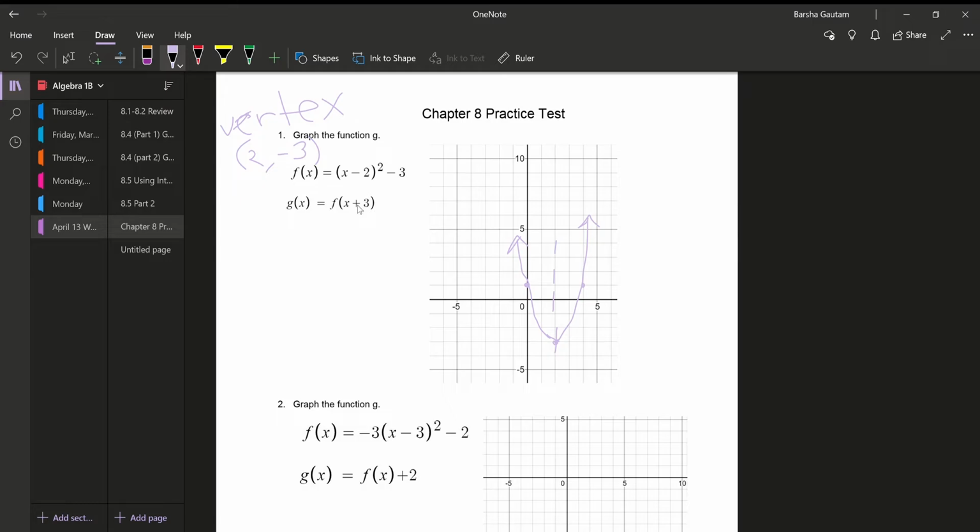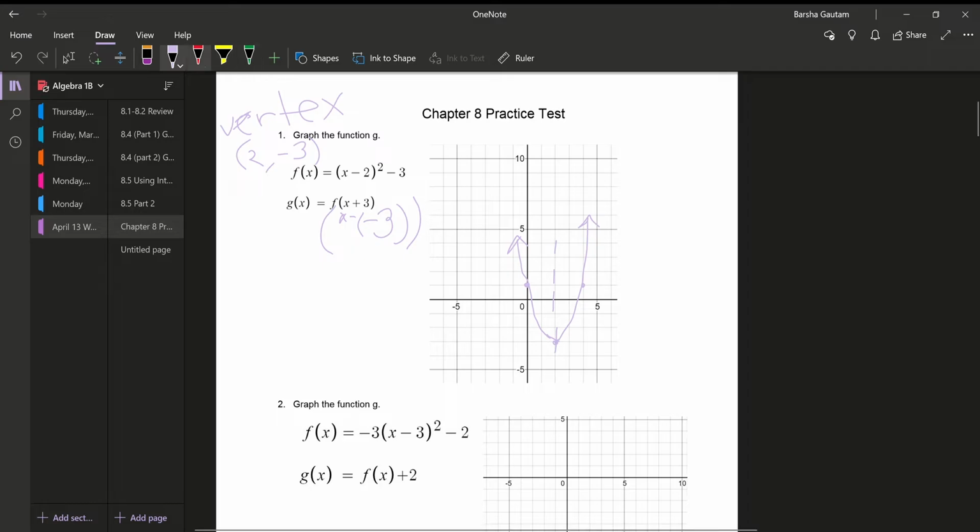Well, remember that it's x minus negative 3. Right? So that means we're shifting this entire graph 3 to the left now.